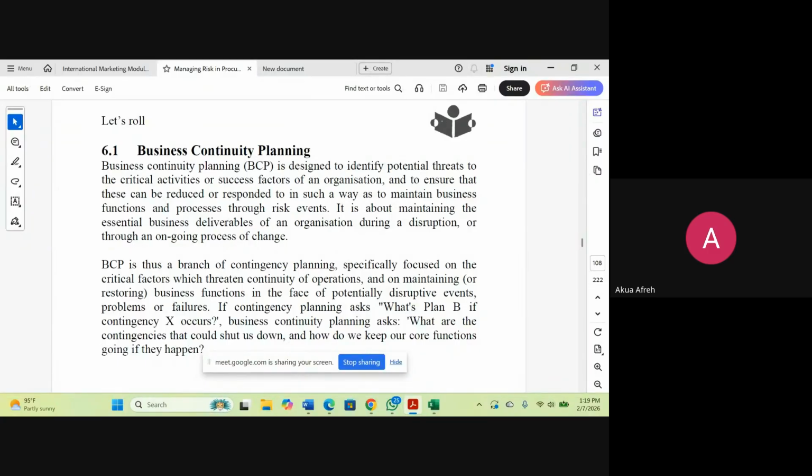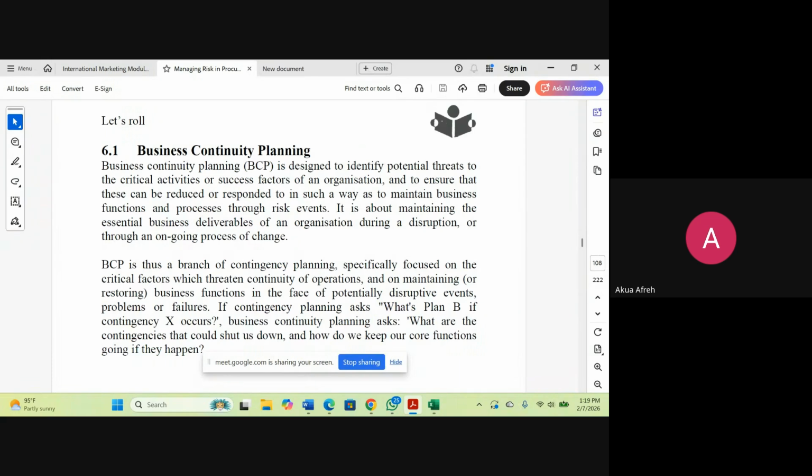So if there is any disruption, like COVID-19 that came in, then procedures are put in place in a way that the organization can continue the operations during or even after that disruption. That's what we call business continuity planning.